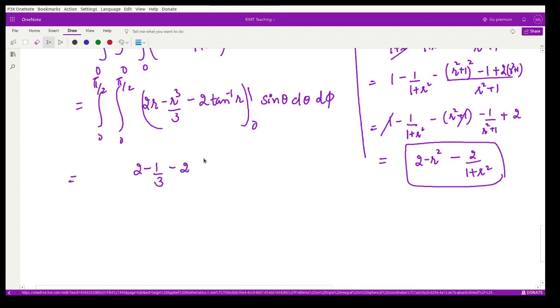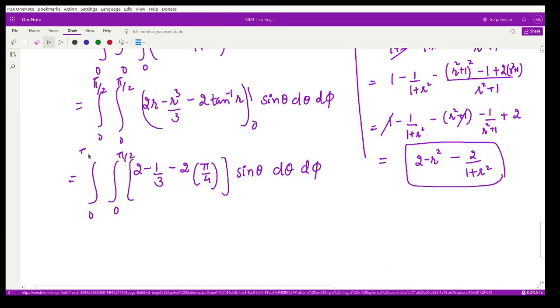Tan inverse of 1 is pi by 4. So you have pi by 4 here. And when you substitute 0, 0 minus 0 minus 2 tan inverse 0. Tan inverse 0 is again 0. So you have this sin theta, d theta, d phi. And the limits are here from 0 to pi by 2 and 0 to pi by 2.